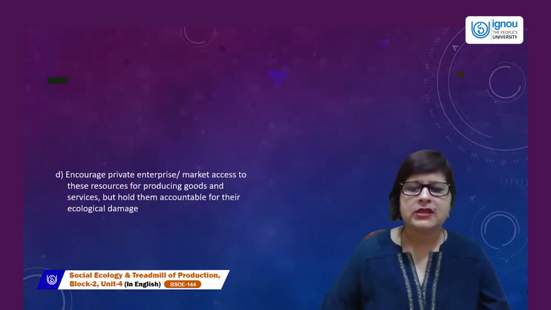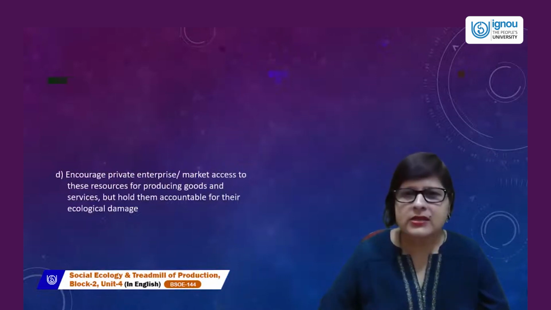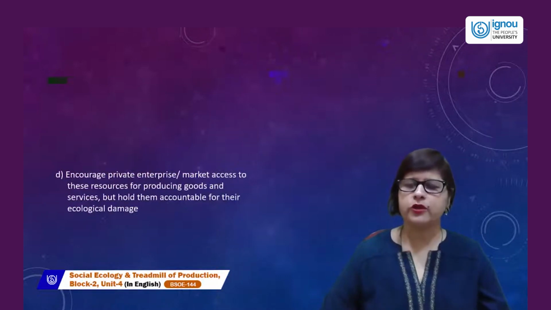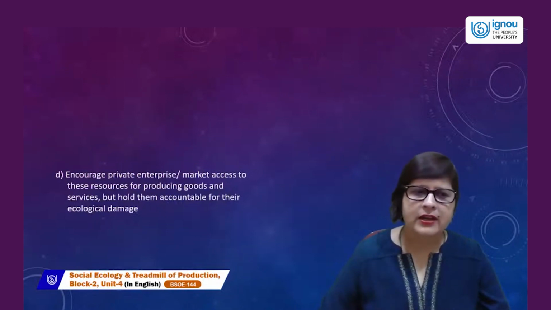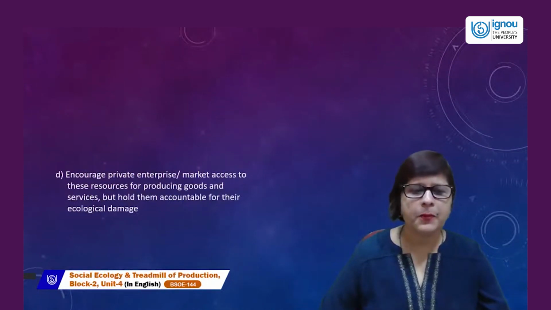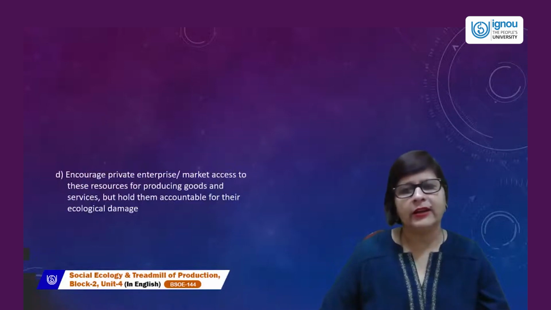Fourth is to encourage private enterprise or market access to these resources for producing goods and services, but hold them accountable for their ecological damage. For sustainable growth, it is very much required that we grow economically, and we can grow economically by involving the private player. It is important that we encourage the private player to access these resources. They can use these resources, but we should hold them accountable for their ecological damages.